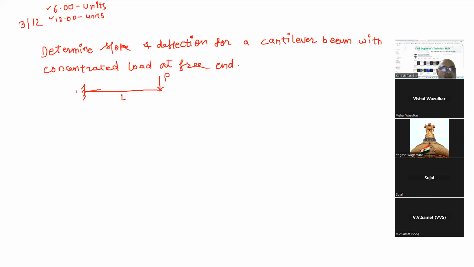So this will be A, B and P. This will be concentrated load. You can consider P or you can consider W; that is your choice.